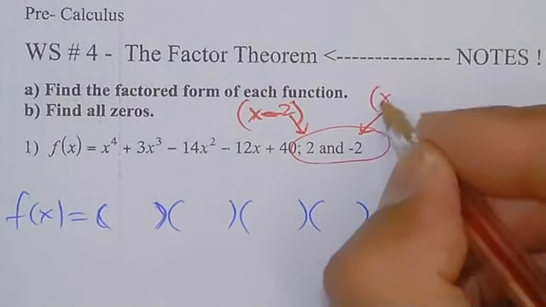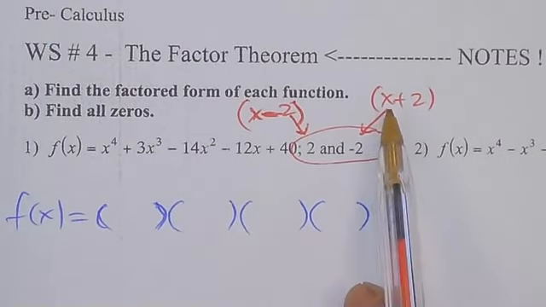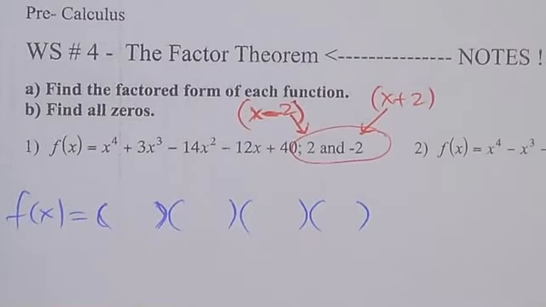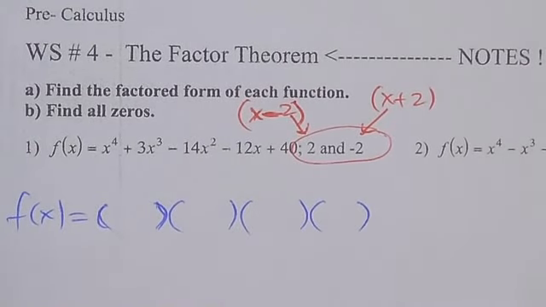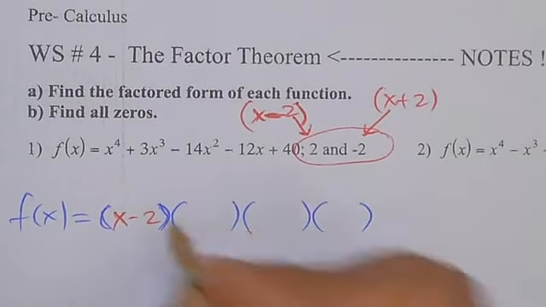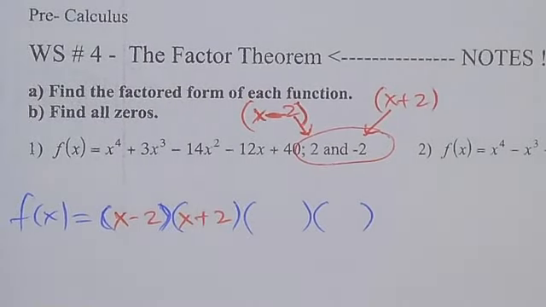And for the negative 2? X plus 2, right? They work hand in hand. You got to know how to go from the factor to the 0 or from the 0 back to the factor. So aren't they already giving you half of them? Out of the 4 that you need to find, aren't they giving you 2? So one of them is x minus 2. The other one is x plus 2.